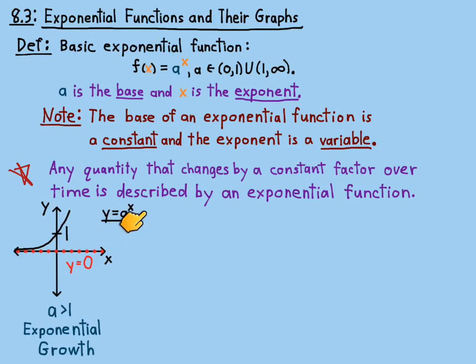And adding or subtracting something from x, or adding or subtracting something from the whole thing, which is y, just shifts the graph around. Okay, but this is the basic one, and it looks the same regardless of what a is. It always goes through the y-intercept of 1. The basic one does. It has an asymptote here. So it's pretty easy to graph. It's not like a parabola where you need to know the vertex.